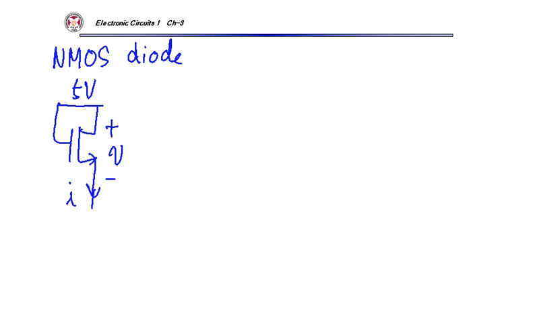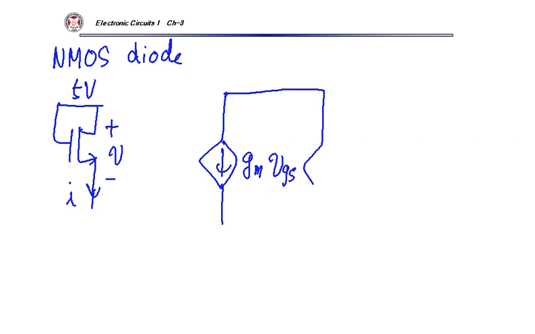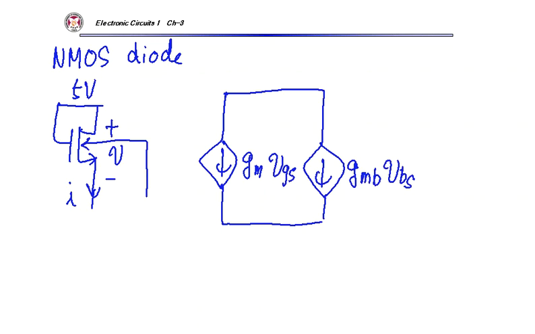I will put that small signal equivalent circuit here: gm VGS, and then gmb VBS. My B is here, at the most negative potential, which is DC.